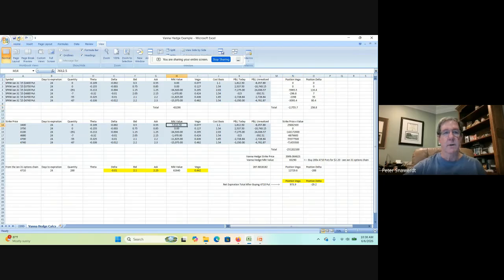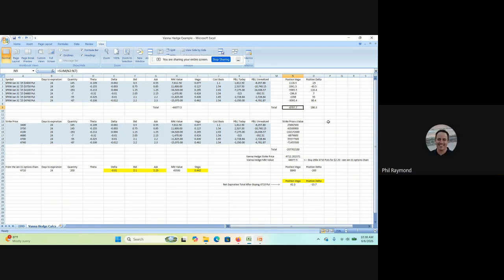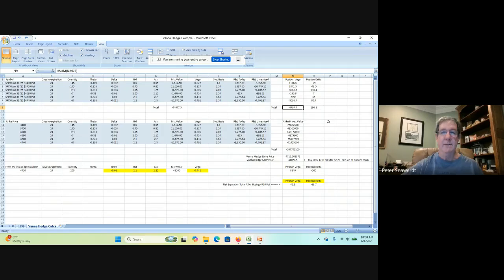Let me undo all my changes. That value right there represents sensitivity to implied volatility. The fact that it's negative means that I'm actually short implied volatility. If it was positive, I'd be long implied volatility.